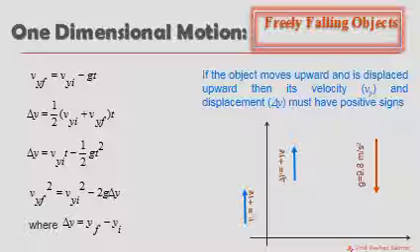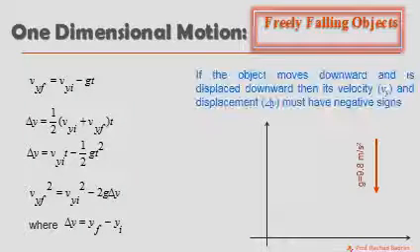As you see, the arrows indicate the direction of both the velocity, initial or final, and the displacement. This is in the case that the object is still going upward in both cases.